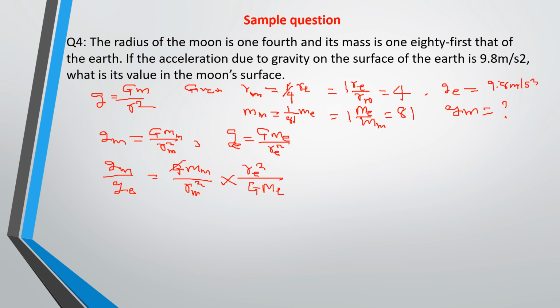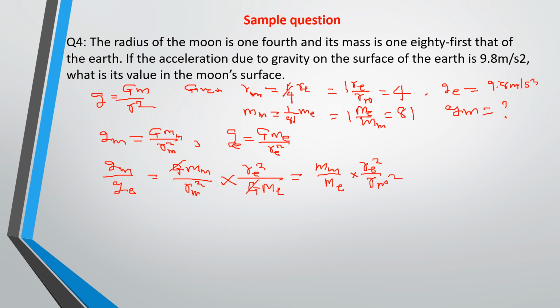So your G cancels out, so that you have mass of moon all over mass of the Earth, multiplied by radius of the Earth squared all over radius of the moon squared.